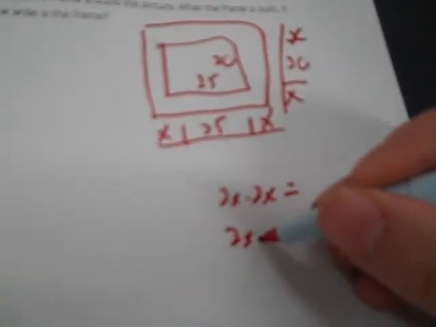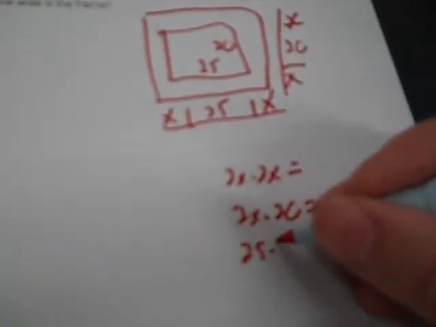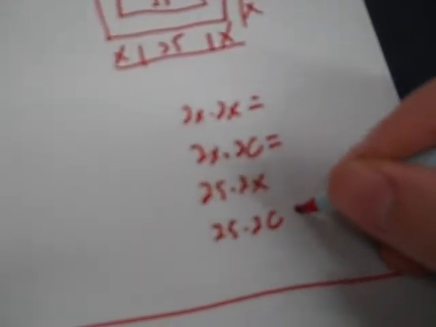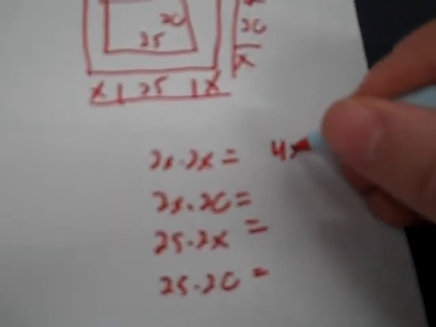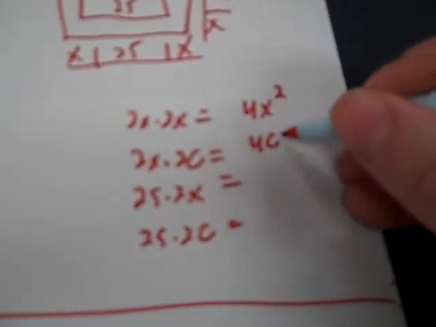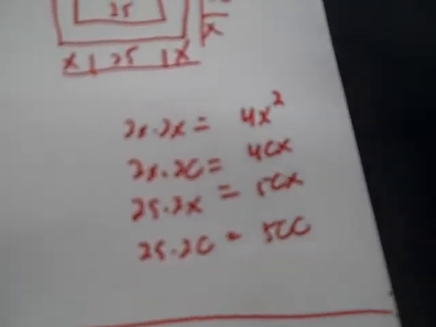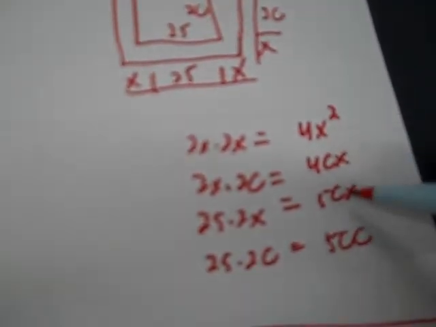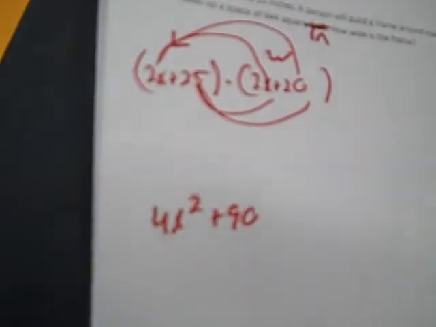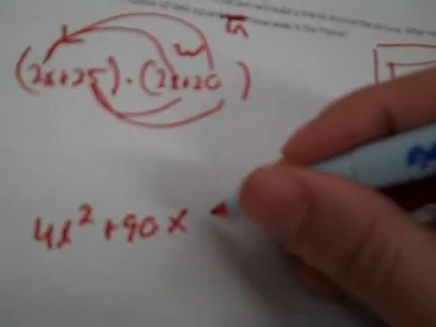I take 2x times 2x, 2x times 20, 25 times 2x, and 25 times 20. So that's 4x squared, 40x, 50x, and 500. I can combine those, so it's 4x squared plus 90x plus 500.